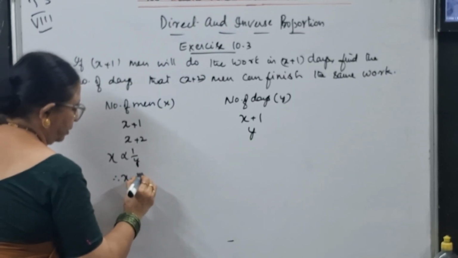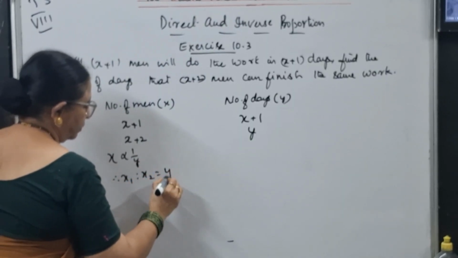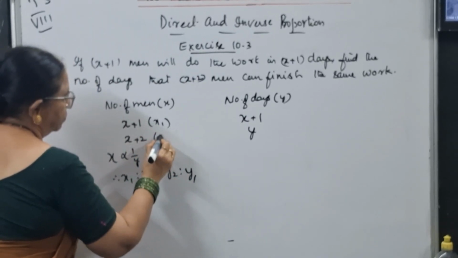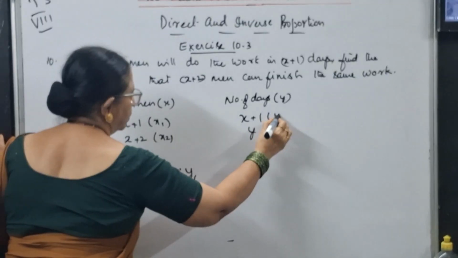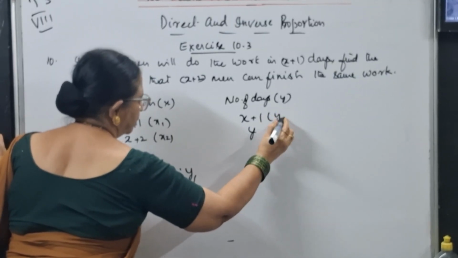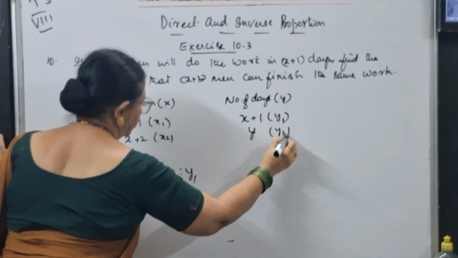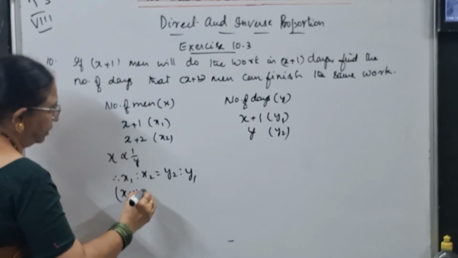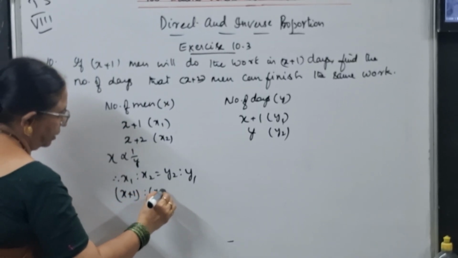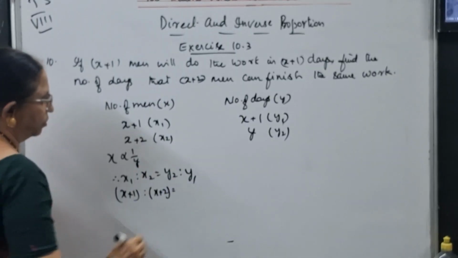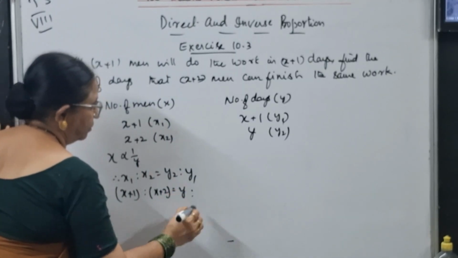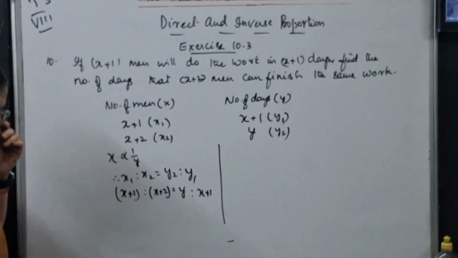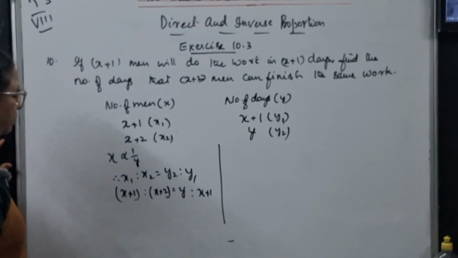So we know that when men increase, the days to do the work decreases. So x is inversely proportional to y. Therefore, x1 is to x2 is equal to y2 is to y1. So this is x1, x2, y1, y2. So x1 is x plus 1 is to x2 is x plus 2 is equal to y2 is y is to y1 is x plus 1. So product of means is equal to product of extremes.